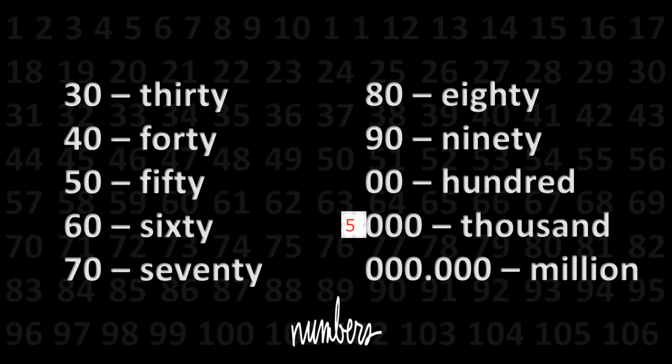Number 5, 5,000. Good. Number 6, 6,000. Now here, 7, 7,000. 8,000. Okay. 9,000. Okay. And then here we can have 10.